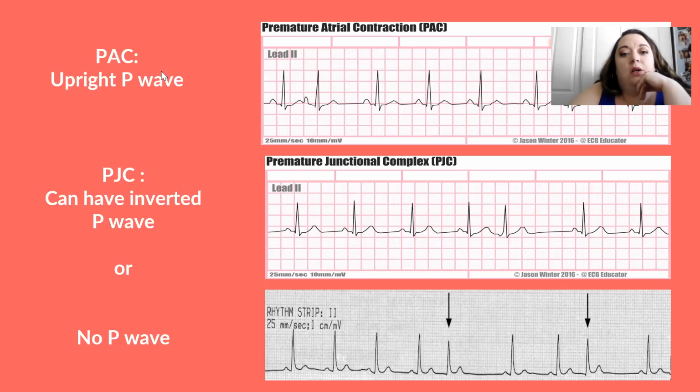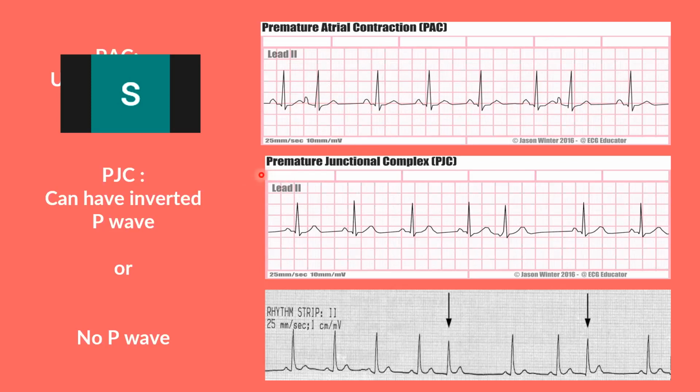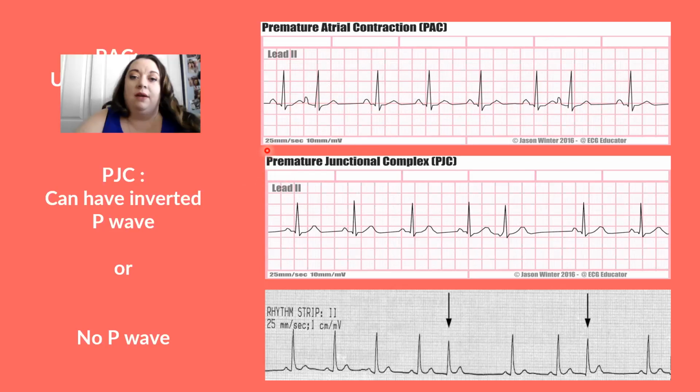All right. So this top rhythm, if I were to just interpret it like we usually do, this is 1, 2, 3, 4, 5, 6, 7, 8. I have a rate of approximately 80. It doesn't look regular. Do I have one P wave for every QRS? Yes, I do. And if I measure my PR interval, the only thing is that the PR interval varies a little bit on your extra beats.